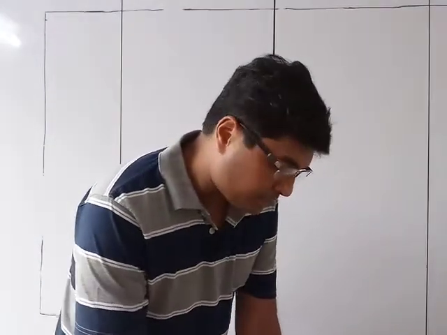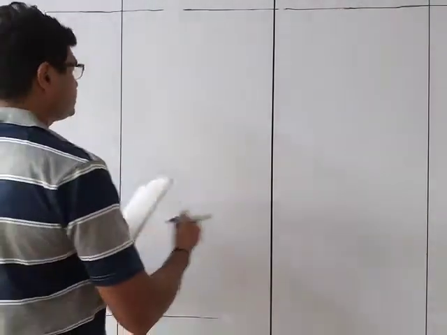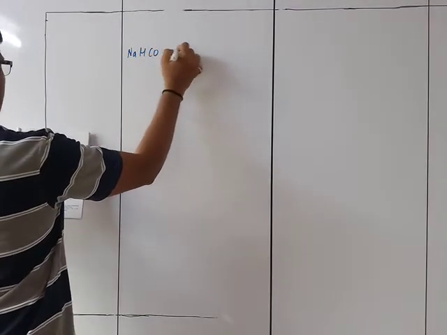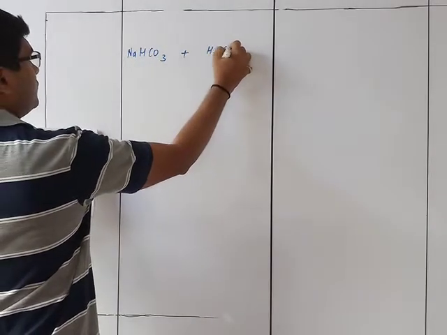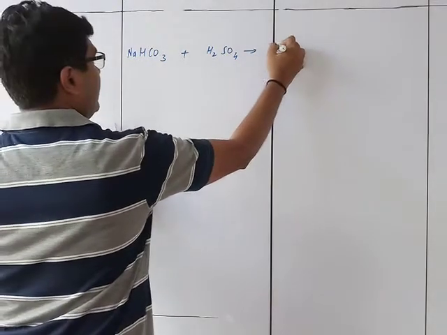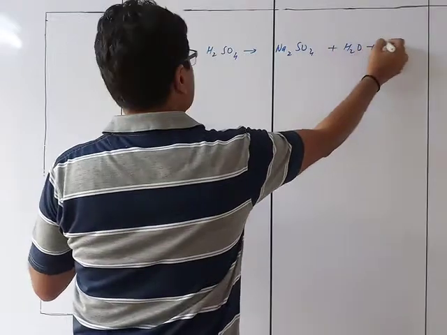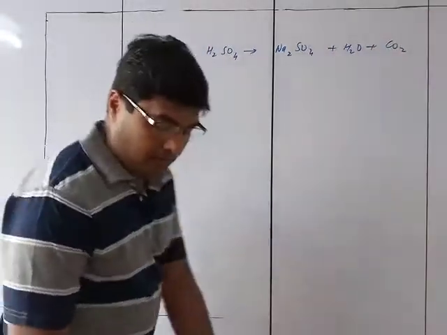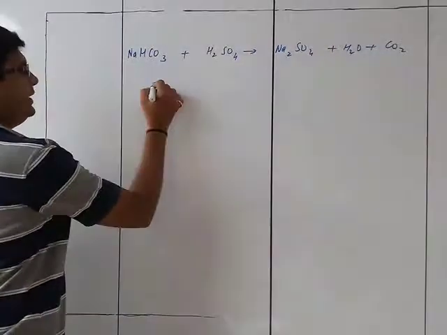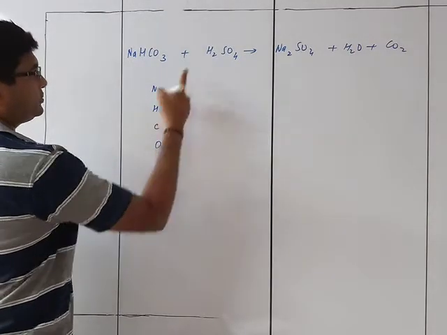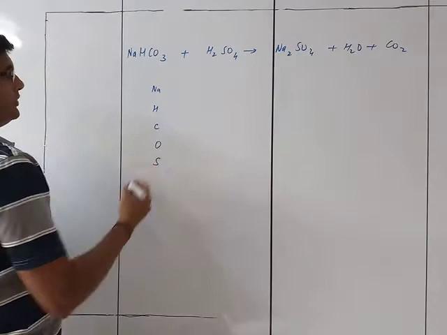Let's take something: NaHCO3 plus H2SO4 gives me Na2SO4 plus H2O plus CO2. Okay. So again the same thing. NaHCO, H is already there, S, O is already there.